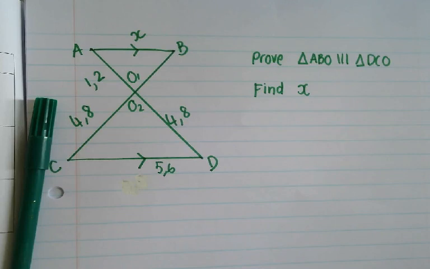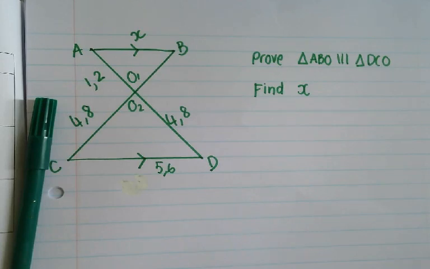What I mean by that is, so I've named my first one alphabetically, A, B, and O. Now I need to match my second triangle. Well, let's look at the corresponding properties of these two triangles. A, B share a parallel line.